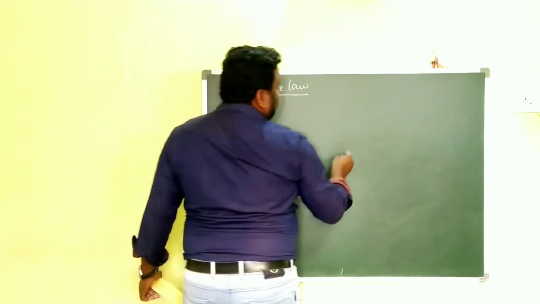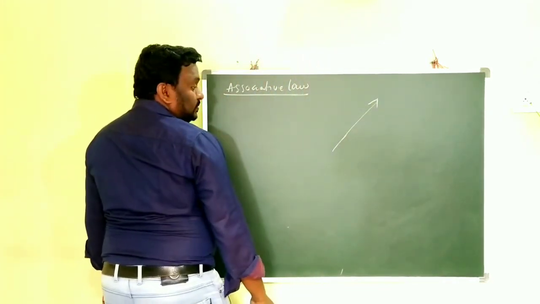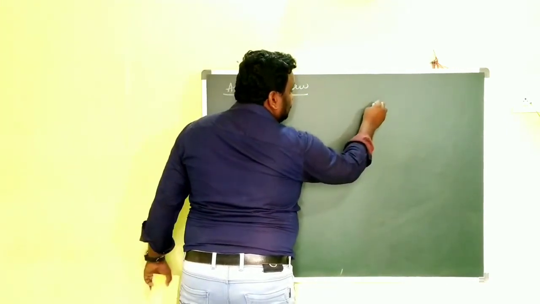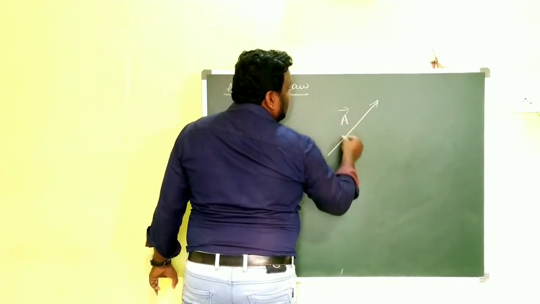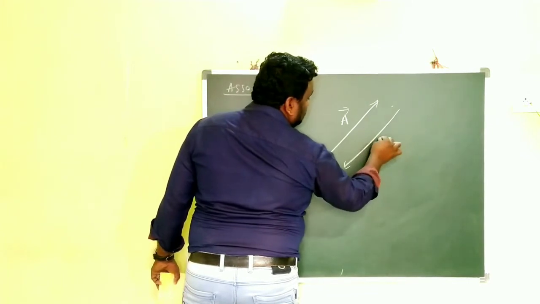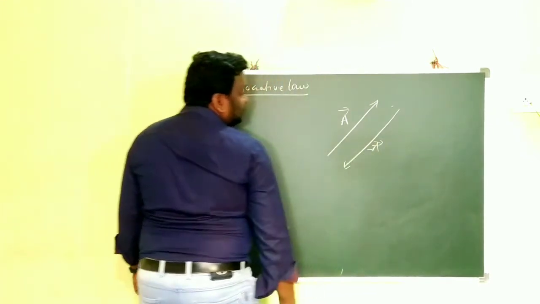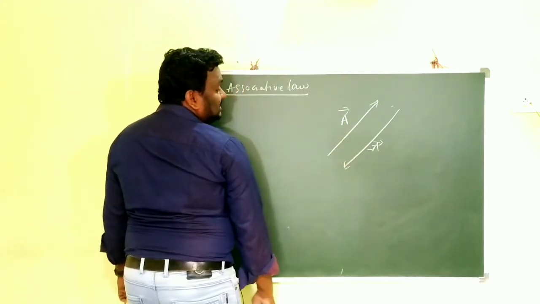Now children, here this is vector A. And if you take this, what is this? Minus A vector. Both are in opposite directions.